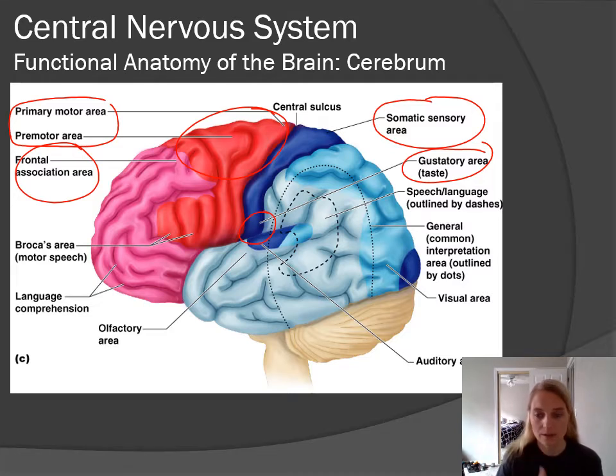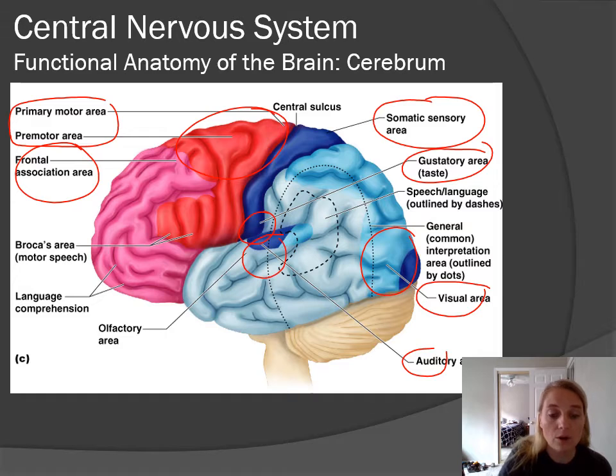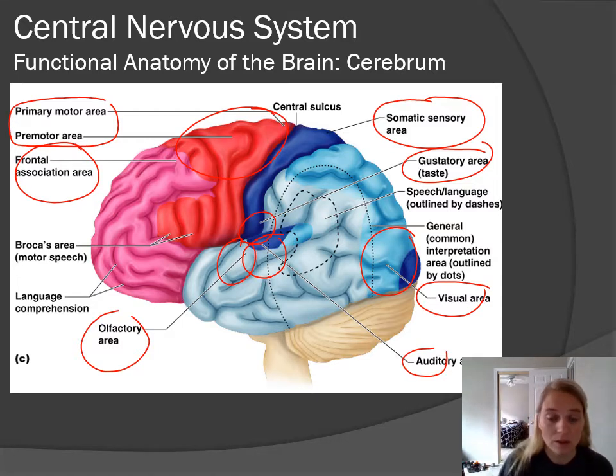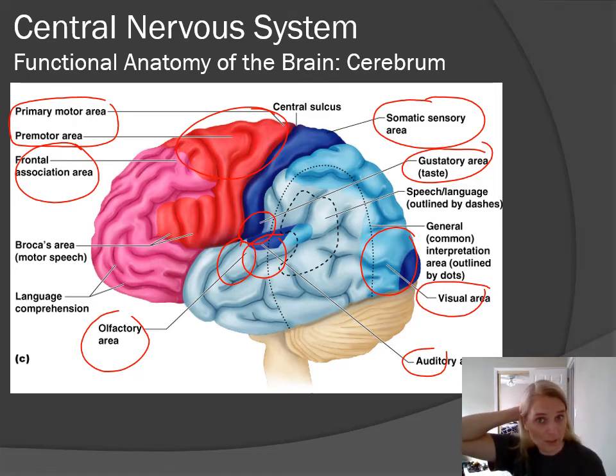Gustatory is taste. We have our visual area way at the back of our occipital lobe. Then we have auditory, which is hearing, also located on the temporal lobe. And we have olfaction, which is also located on the temporal lobe. So the temporal lobe is really busy for taste, hearing, and smell. Vision happens primarily back here in the back of your brain.